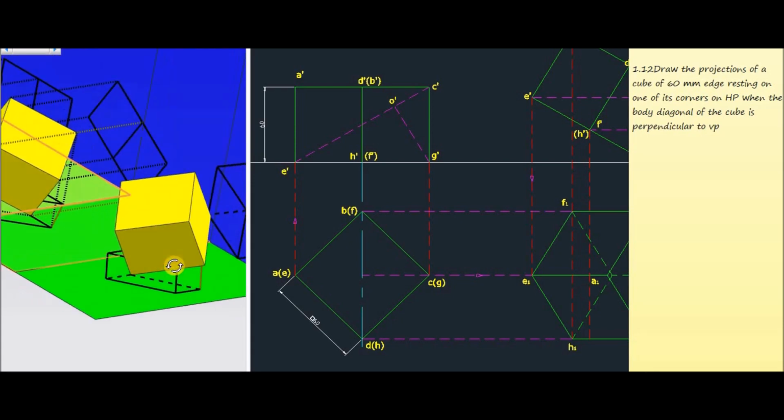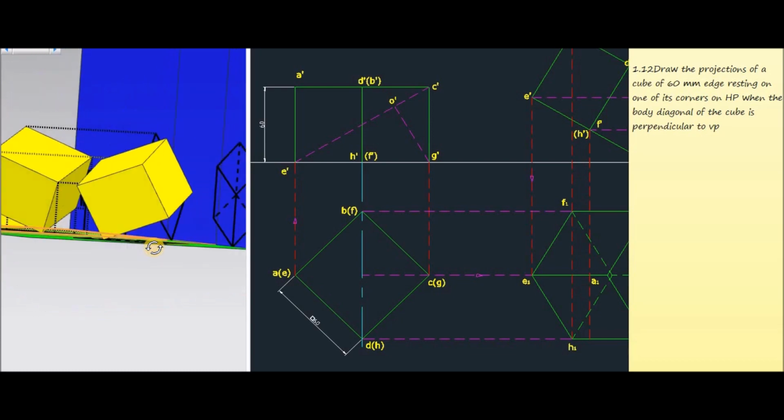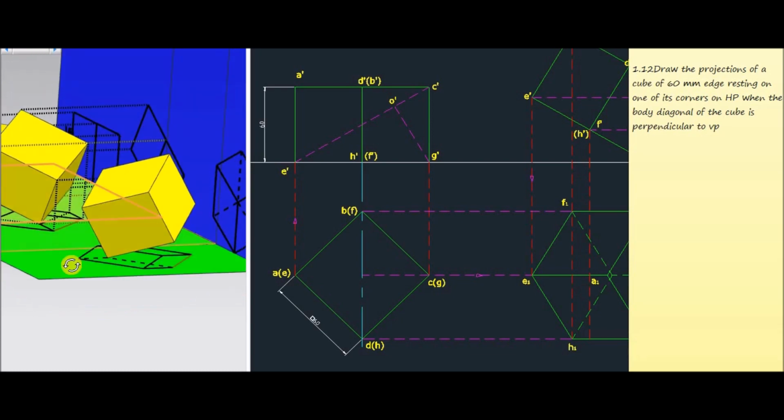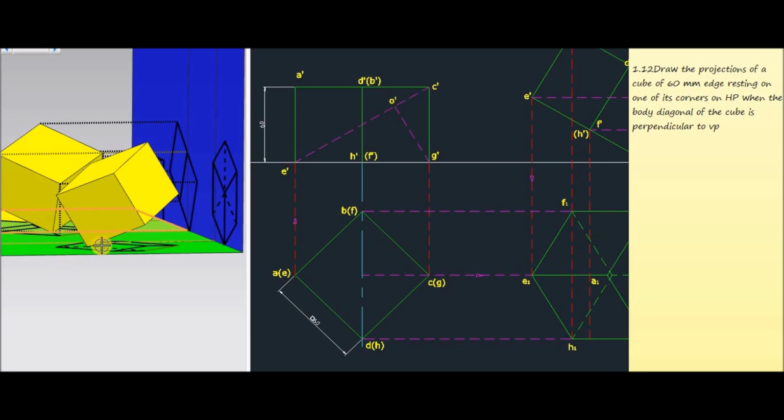From this figure you can see that this one is corner C and this one is corner E. So when we observe the object in such a way that the bottom corner G is resting on HP and the body diagonal CE is perpendicular to VP, this is the final condition.